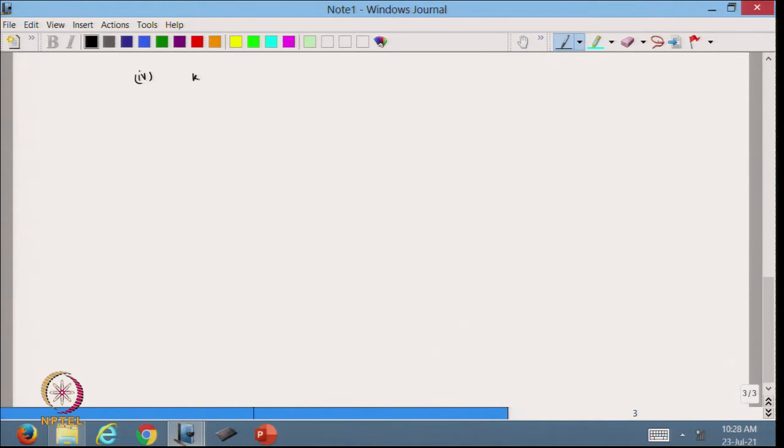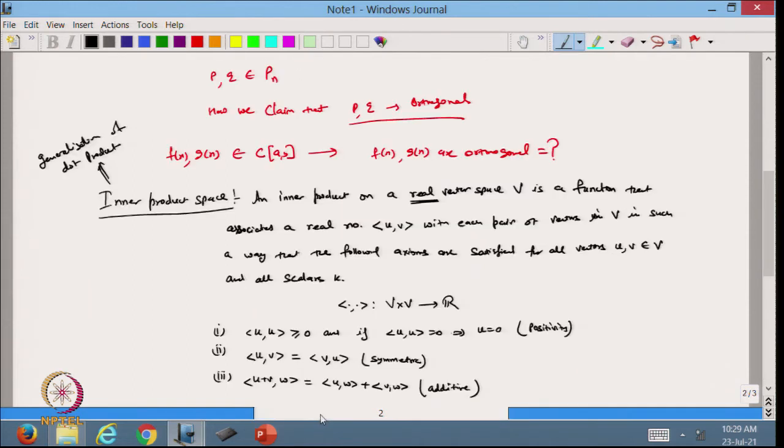And the fourth one is, suppose I have a scalar k, and u and v, then I am taking the inner product, then I should be able to take the k common, so it is equal to k times the inner product of u and v.